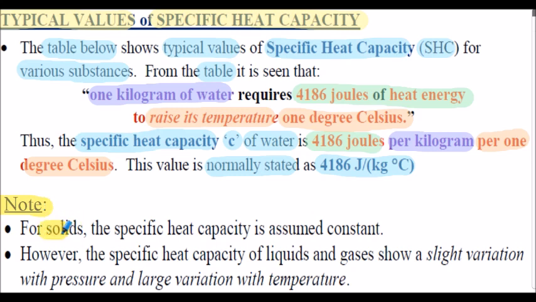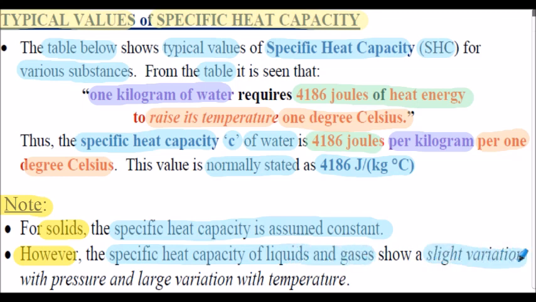Just note for reference, for solids, the specific heat capacity is assumed constant, doesn't vary with temperature. However, the specific heat capacity of liquids and gases show a slight variation with pressure and a large variation with temperature.